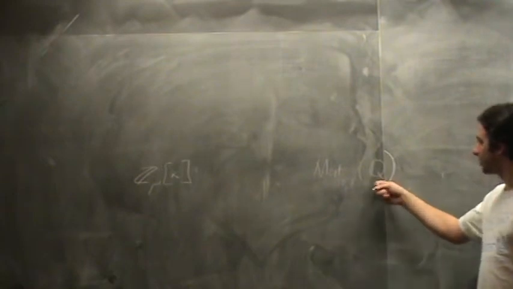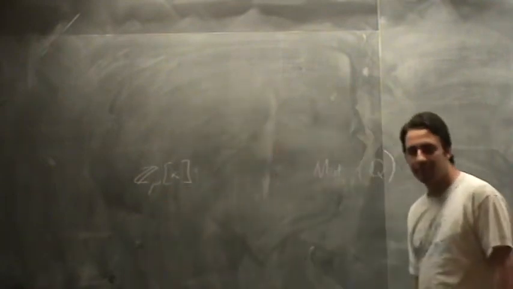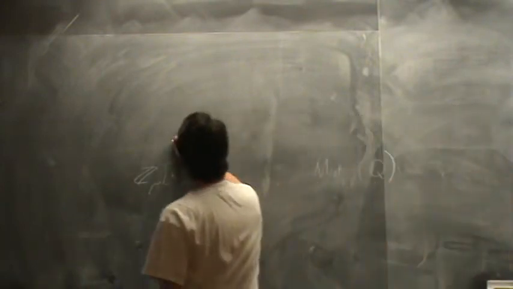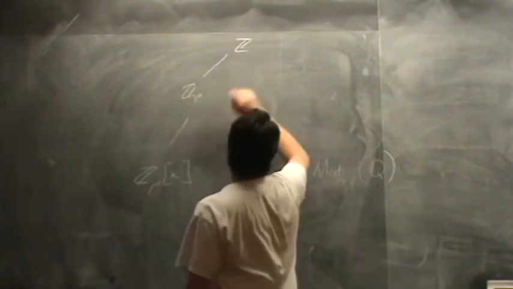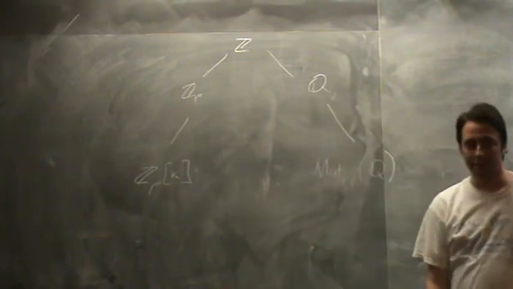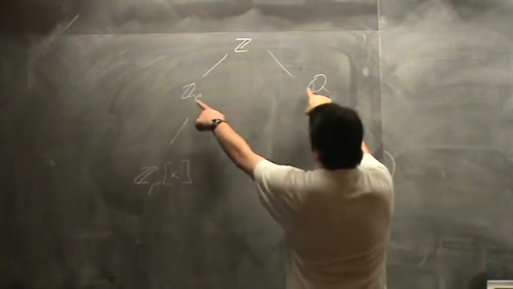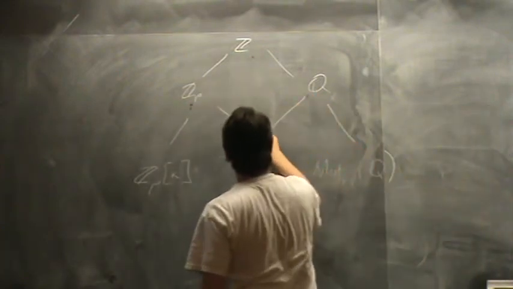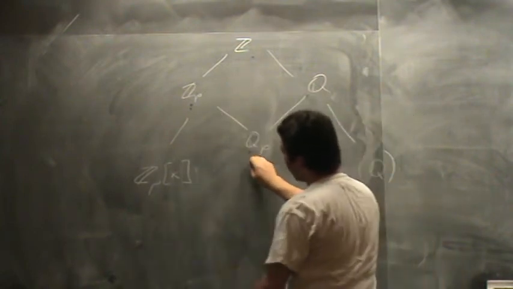So these are the 2 by 2 matrices over Q, and those both go back to Z. Yes, both of these go back to the integers. So the original model was looking at, for instance, these two things and saying, well, how do these go together? And then you say, well, how do these go together?